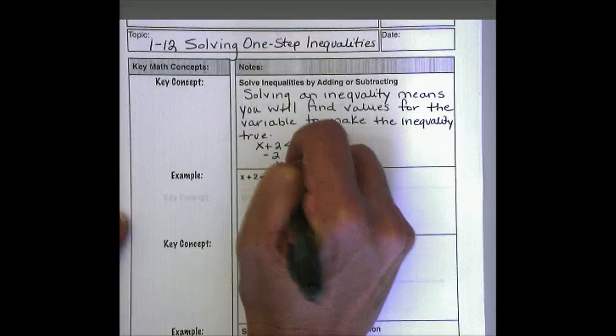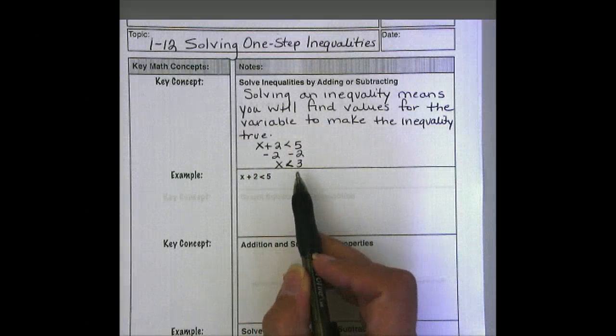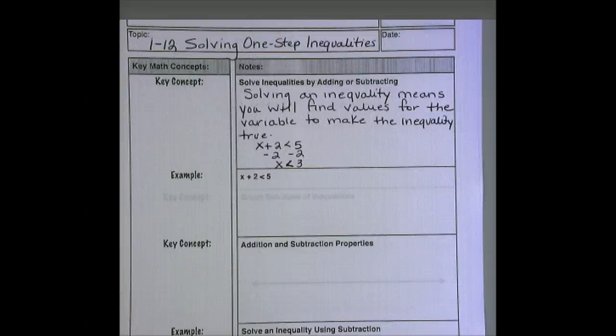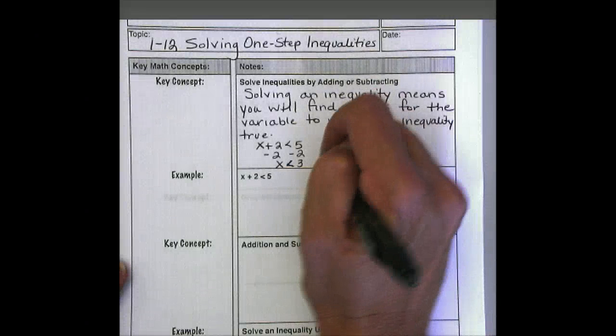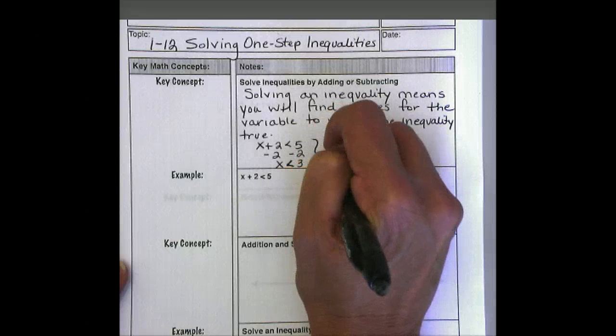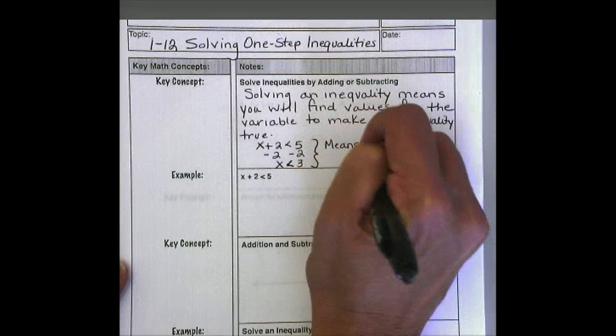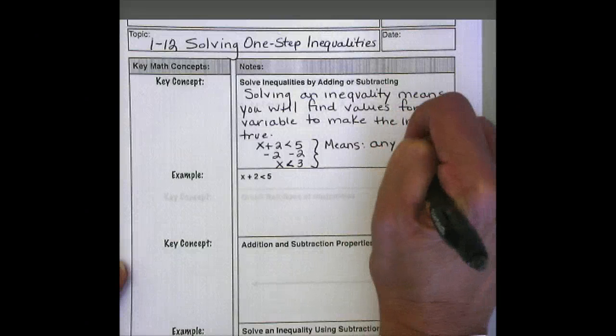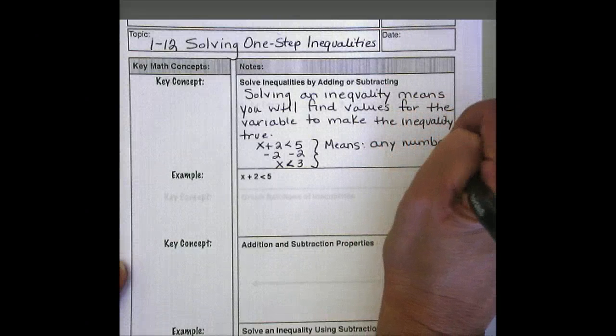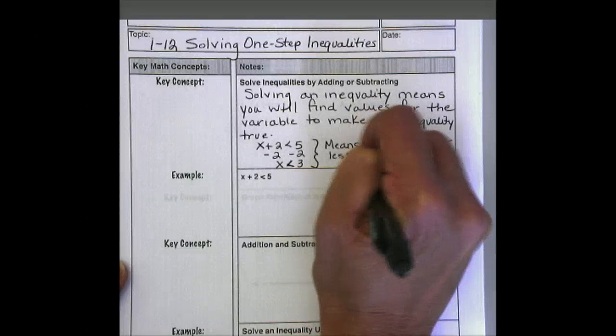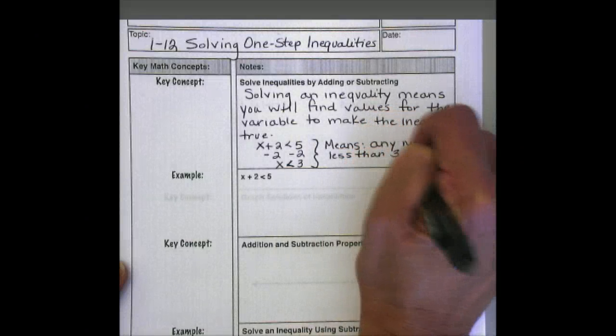Now, it's very important that you use the symbols here because it's not like in an equation. If you don't use the symbol, we don't know what we're wanting to use for the solution. So x is less than 3 means that any number less than 3 is a solution.